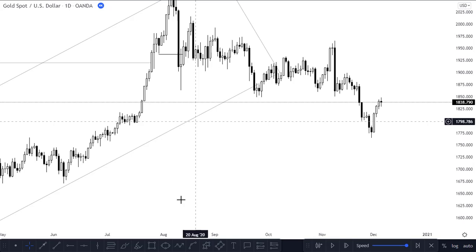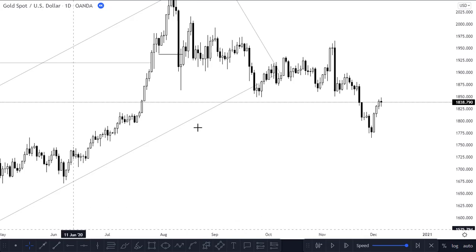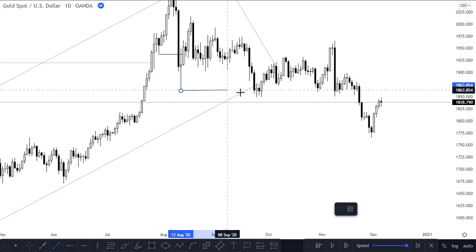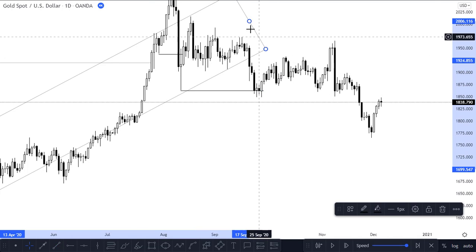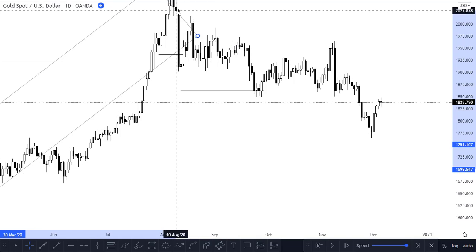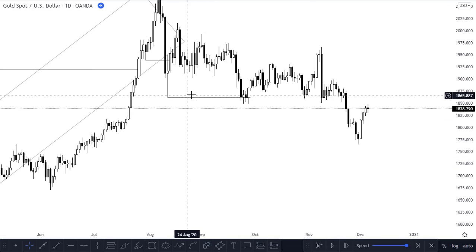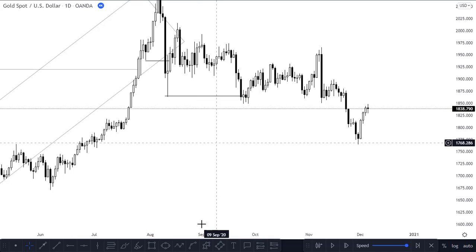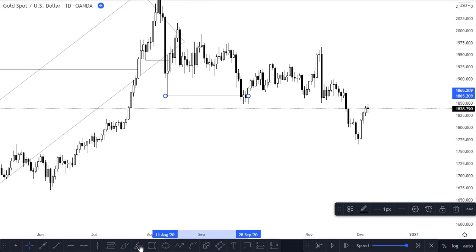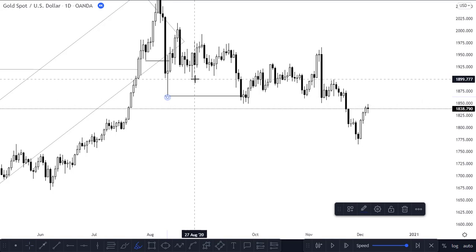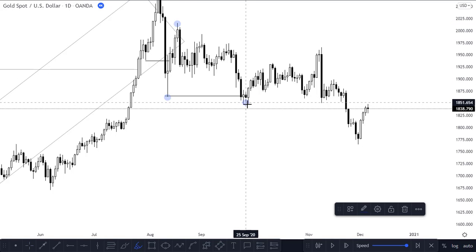Now market is doing what? Market is creating a pullback, breaking the structure low on this level. So market is breaking the structure low, creating what? Creating a lower low, lower high, lower low.